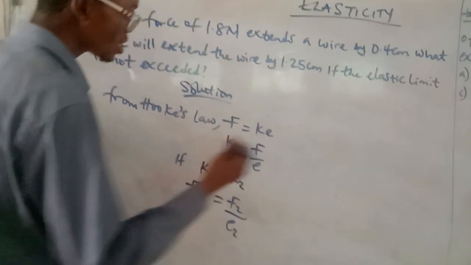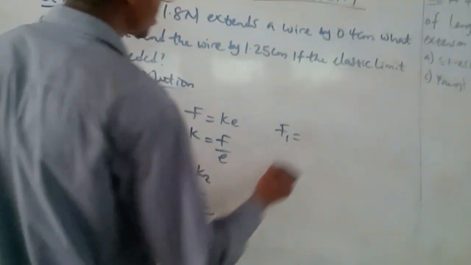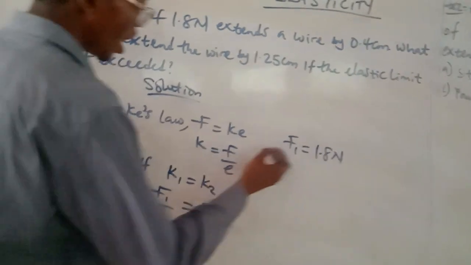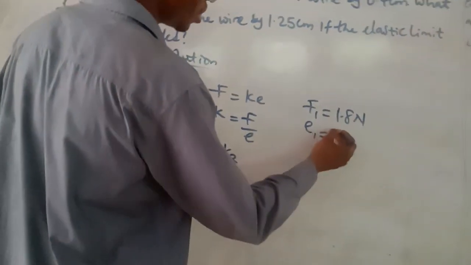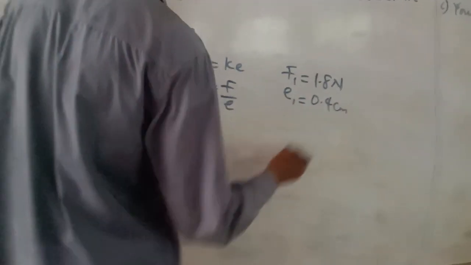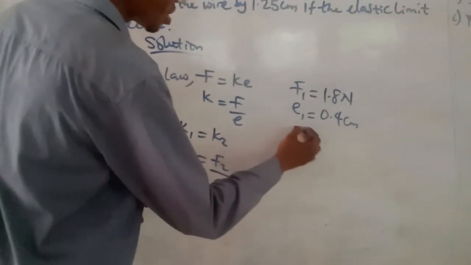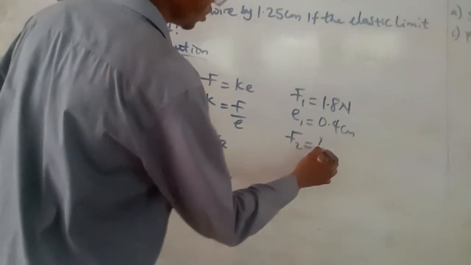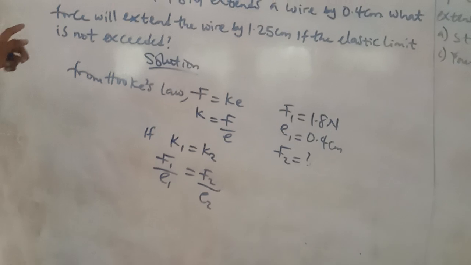Now, the first force given here, let's look at our parameters. That is 1.8 Newton. Our first extension is 0.4 centimeter. Our second force is not given; that is what we are finding, right?